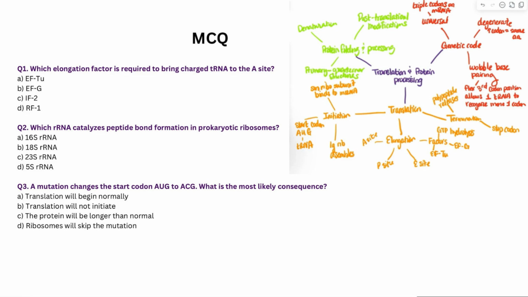Number 2: which rRNA catalyzes peptide bond formation in prokaryotic ribosomes? Number 3: a mutation changes the start codon AUG to ACG. What is the most likely consequence?